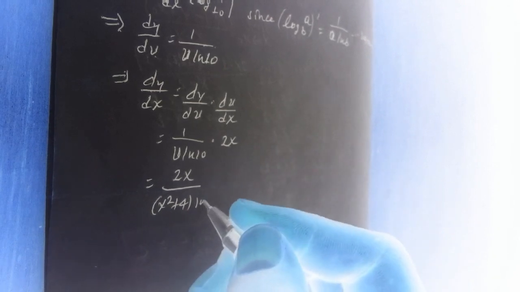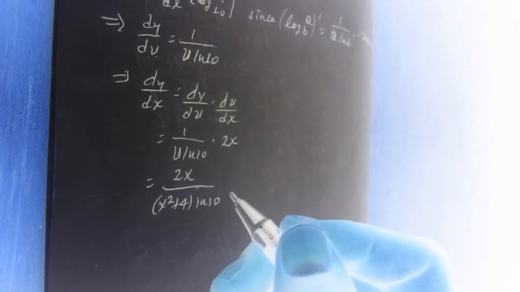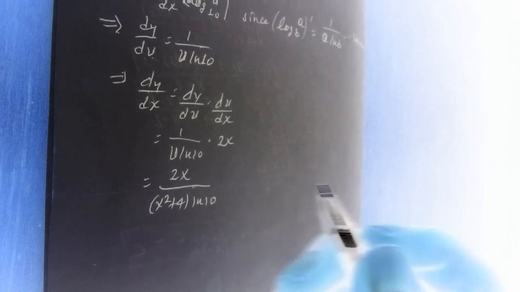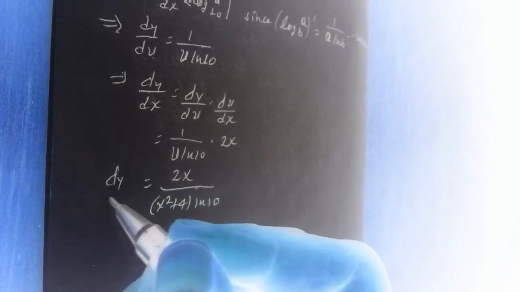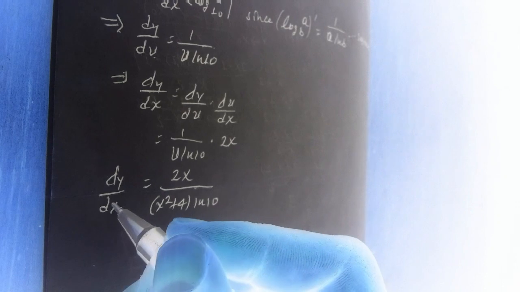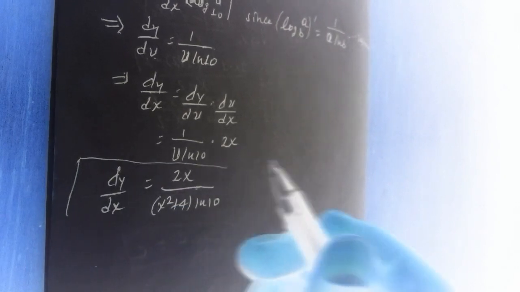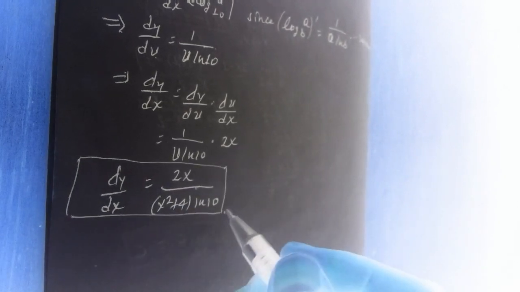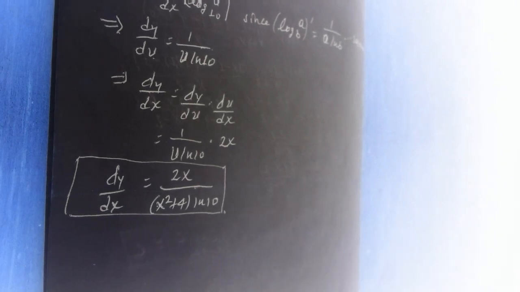So dy by dx equals 2x over x squared plus 4 times ln 10. This is the derivative of y with respect to x.